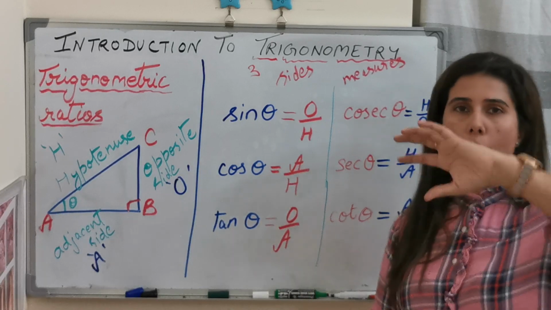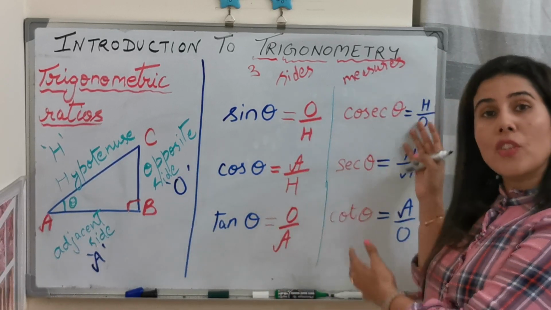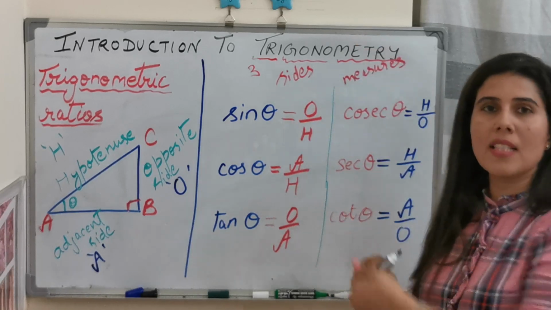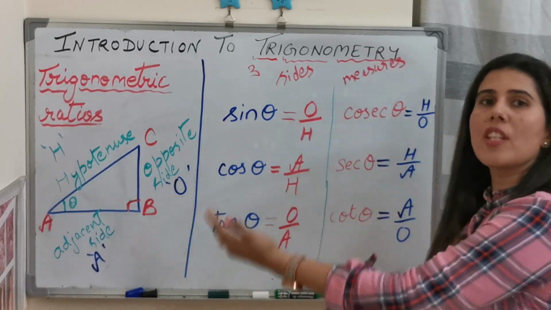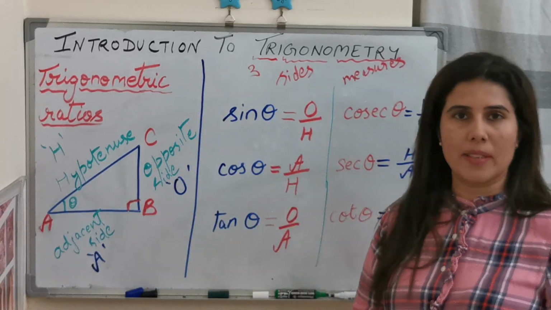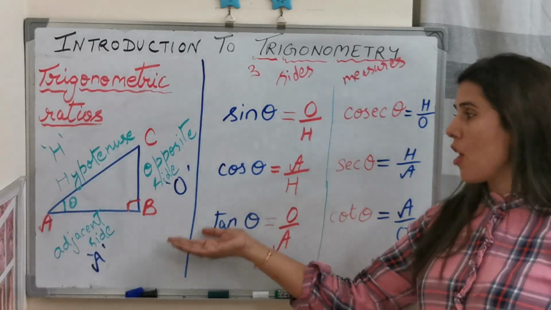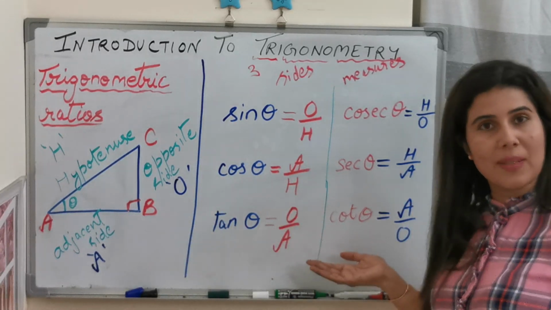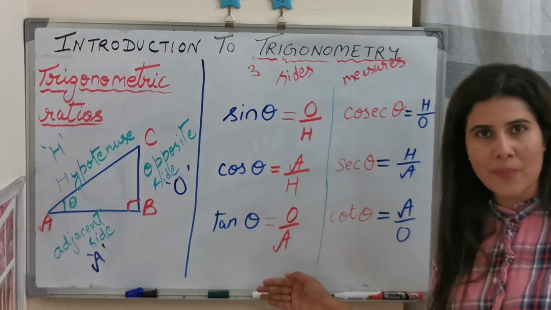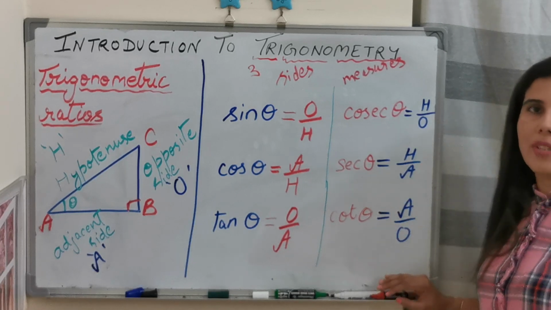So we will get opposite by adjacent. The rest of the 3 trigonometric ratios, cot, secant, cosecant, are just the reciprocal value of the above mentioned sine, cos, tangent. So if we will look for cot theta, cot is just the reciprocal of tangent. The value of tangent is opposite over adjacent. So the value of cot will be adjacent over opposite.